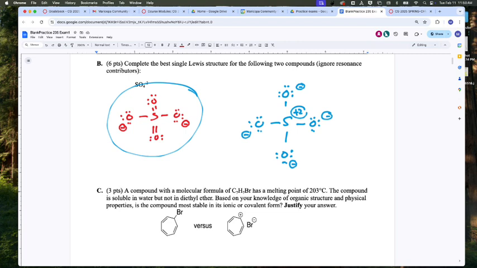To get to the red drawing, what I could do is remove a pair of electrons from the top and bottom, and I could place those pairs of electrons in the space between the sulfur and the oxygen, and I've now minimized the charge on those atoms. I can't move any more electrons around to minimize charge, which is a good thing because the formula was -2, so my overall structure should be a -2. Kind of makes sense? We good? Cool. The next question's there.